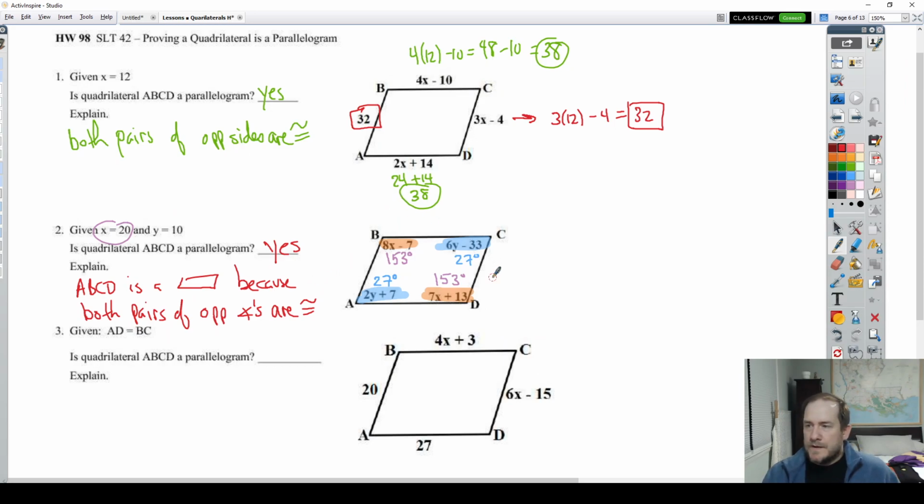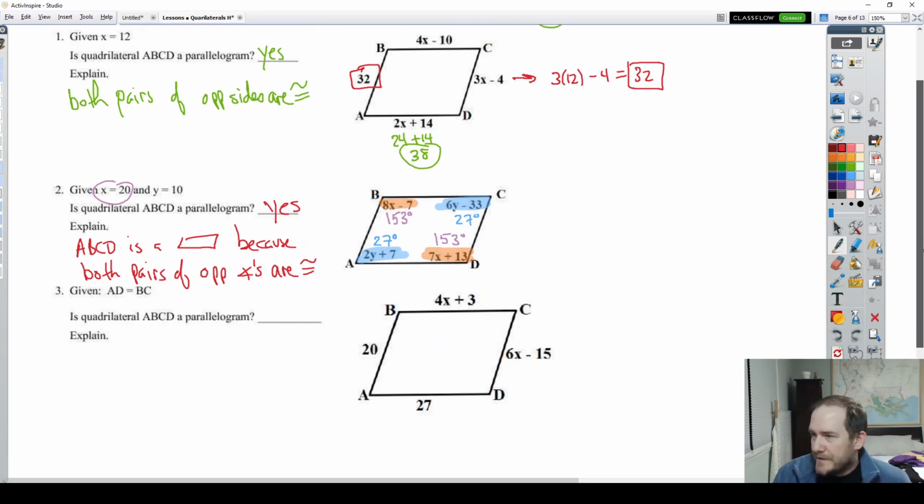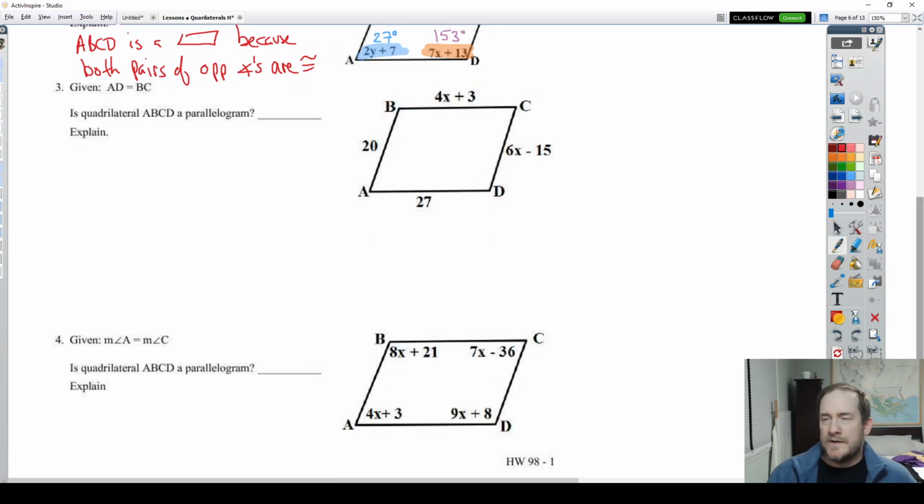Alright, next we're still wondering if this is a parallelogram or not, but they are so kind as to tell us that AD and BC are the same. So that means whether we're a parallelogram or not, these sides at least are the same. So I can set them equal to each other and solve for x.